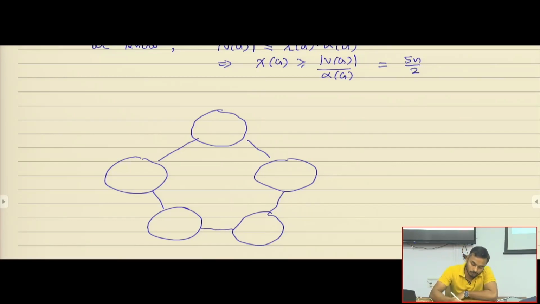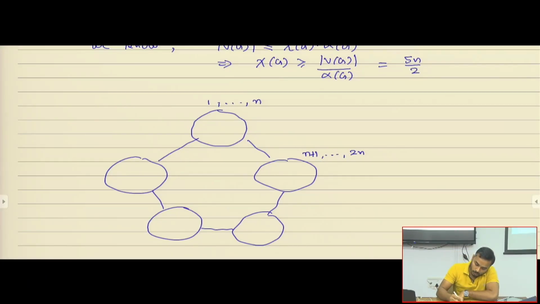Okay, so suppose colors 1 to n will be used there, we have no choice. And colors n plus 1 to 2n must be assigned to this, since this whole thing is a clique, right?